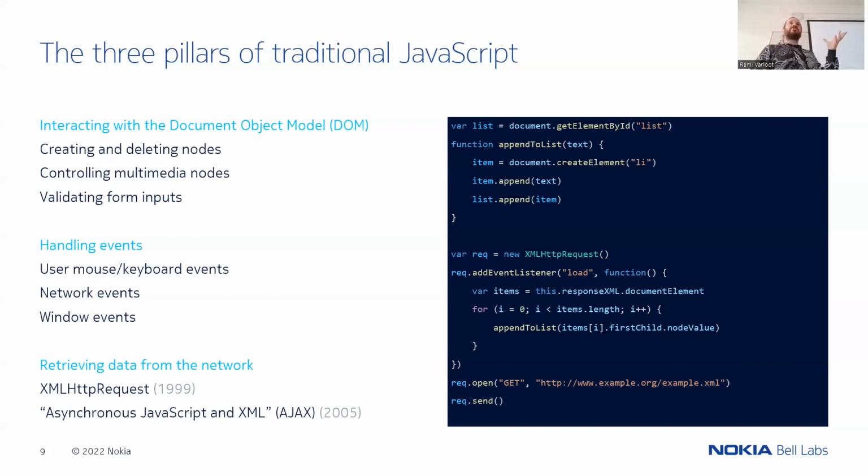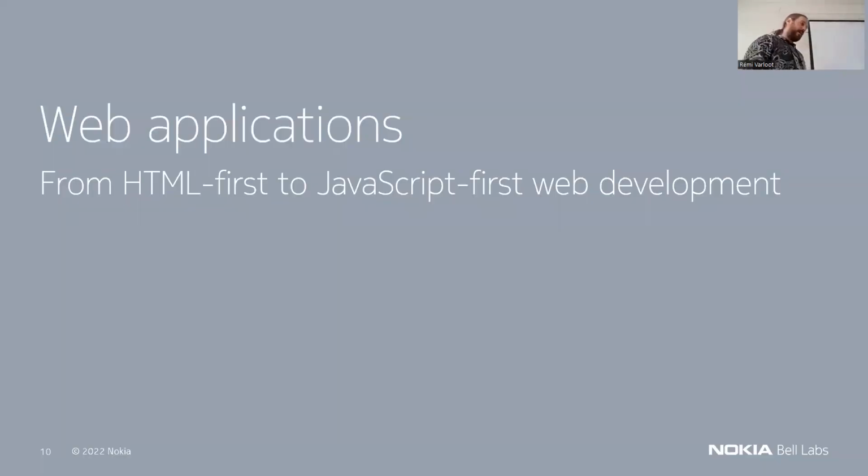So this was JavaScript for a while, but especially with this last part, we started realizing we could do web pages which were just about presenting data, but actual full-blown applications. And this is probably one of the first big evolutions which changed the way we saw the web and JavaScript.